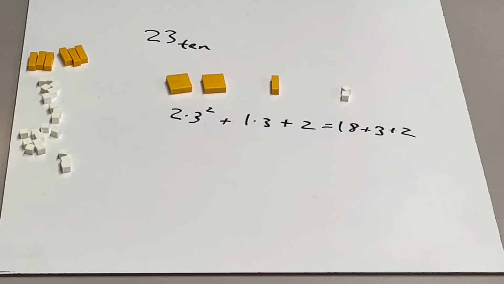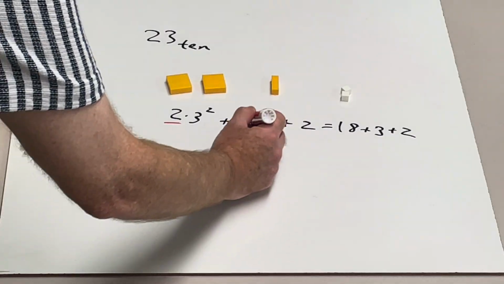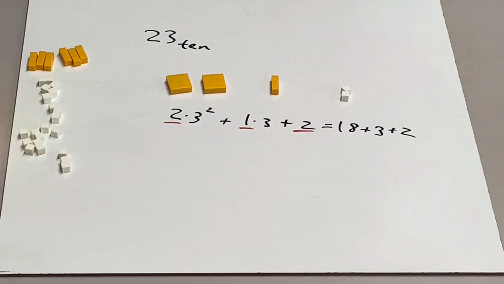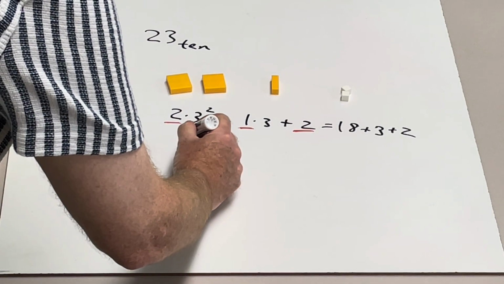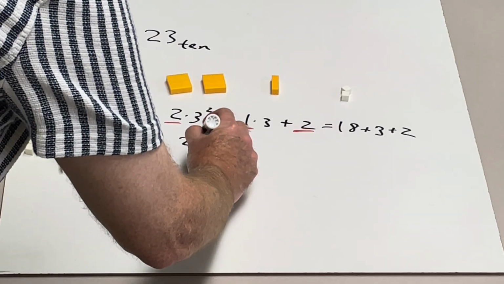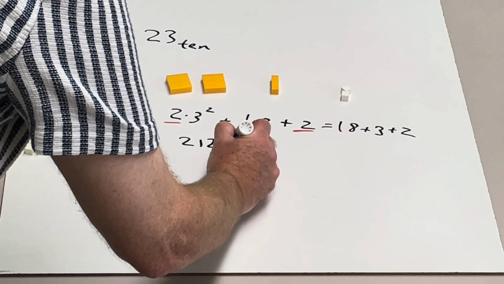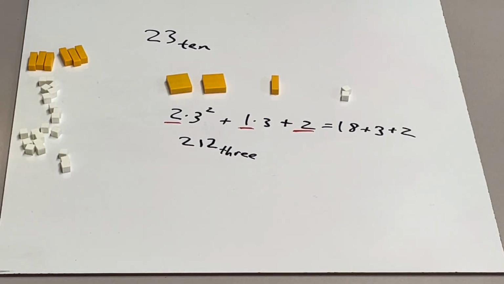However, if I wanted to write this in base 3, I would pluck off the face values: 2 of that kind of bundle, 1 of that kind of bundle, and 2 leftovers. And so I would write this instead as the numeral 2, 1, 2 in base 3.